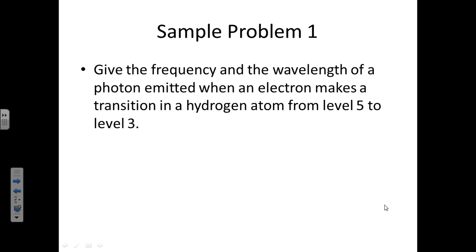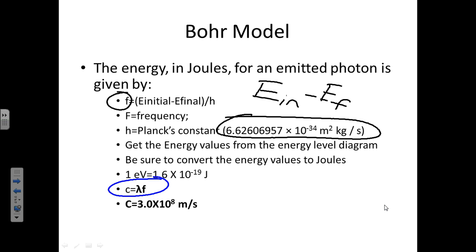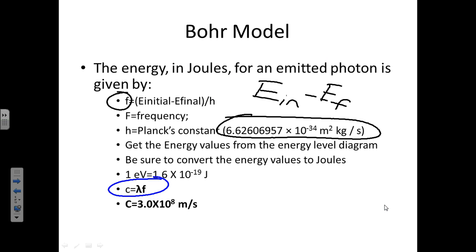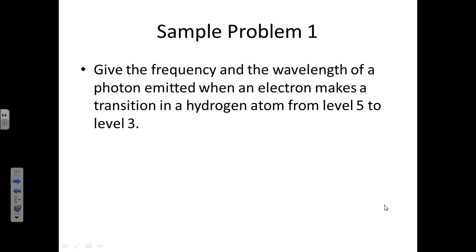The energy at 5 and the energy at 3. So at 5, you guys help me remember this. Negative 0.54, and at 3, negative 1.51. So 5, negative 0.54, negative 1.51, right?